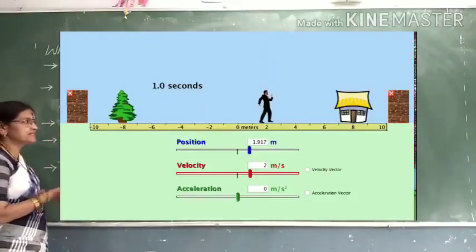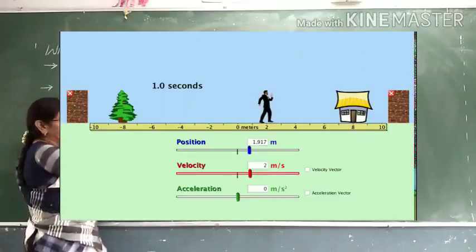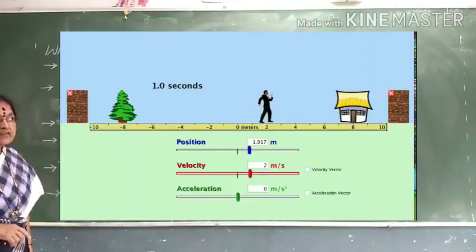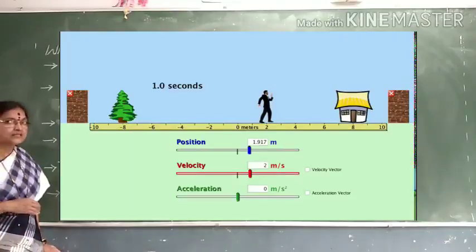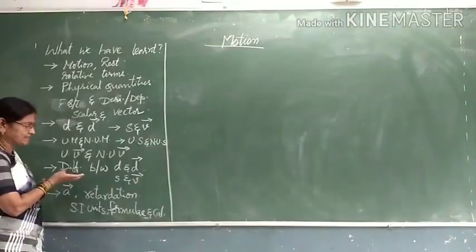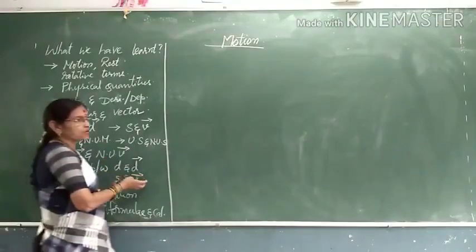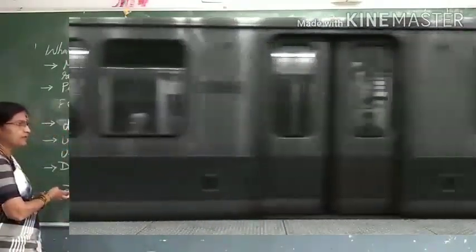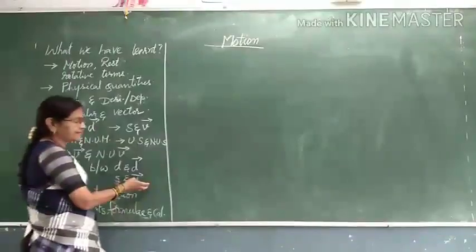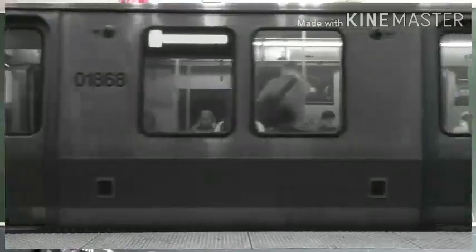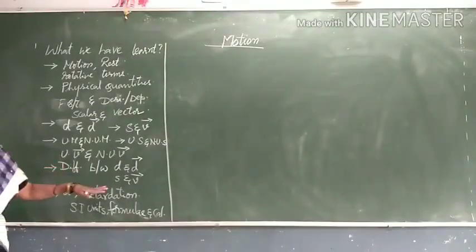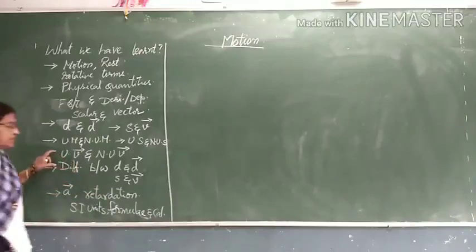Then we have discussed the differences between speed and velocity, and also that increasing velocity, by using another term we are measuring, that is acceleration. If velocity is increasing, we call it acceleration, and if the velocity is decreasing, we term it deceleration or retardation.